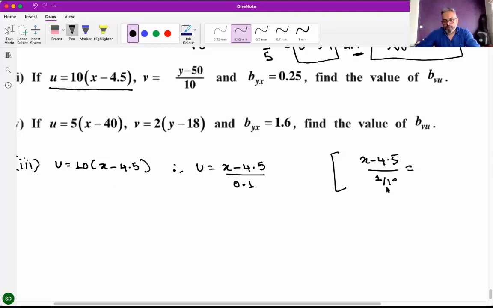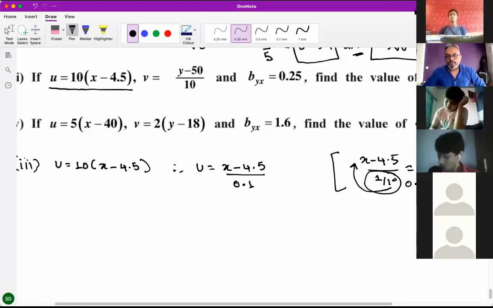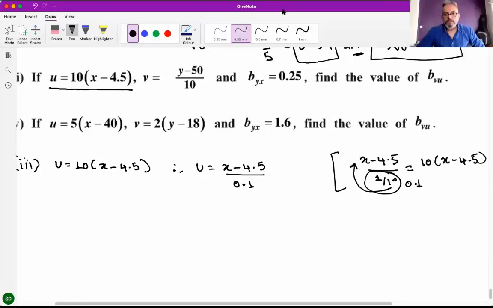So which will be what? ये 10, 1 upon 10 है तो ये 10 को हम ऊपर ले आएंगे न्यूमरेटर में. So it will be 10 into x minus 4.5. तो ये आ गया 10 into x minus 4.5 is equal to what? x minus 4.5 upon 1 by 10, which is what? This 1 by 10 is 0.1. Got it now? Hiren? Yes sir.